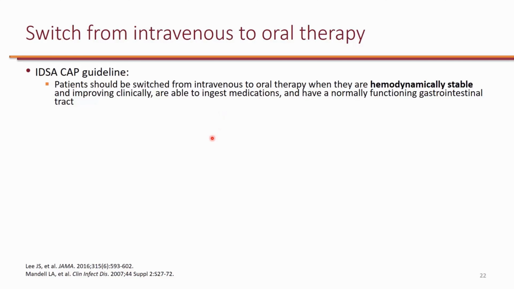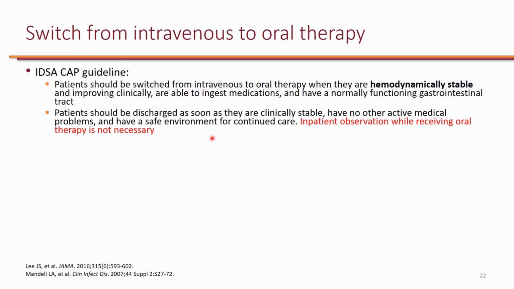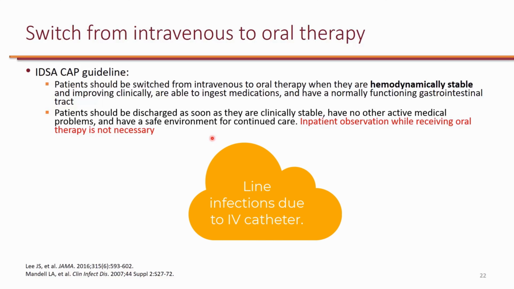And we can apply some of these principles to patients with nosocomial pneumonia. Now, the reason we want to switch patients from IV to PO as soon as possible, when they can tolerate it, is, first of all, to make sure that we don't introduce any line infections, as well as getting patients ready to be discharged.